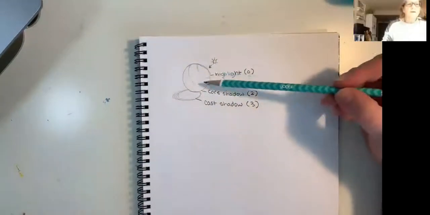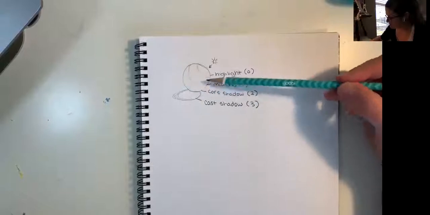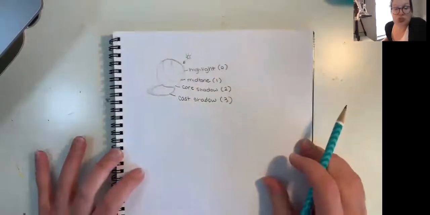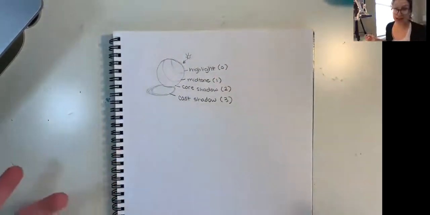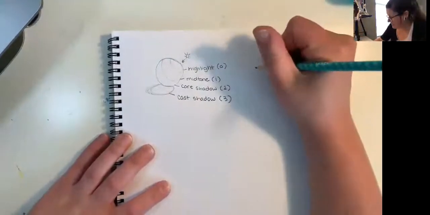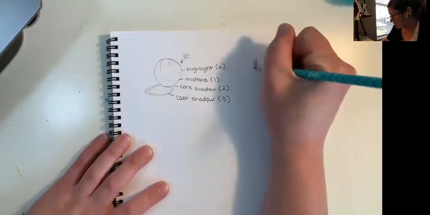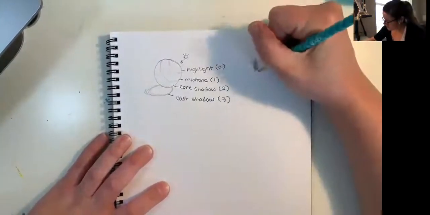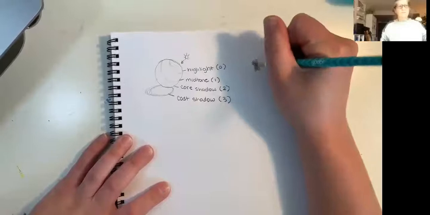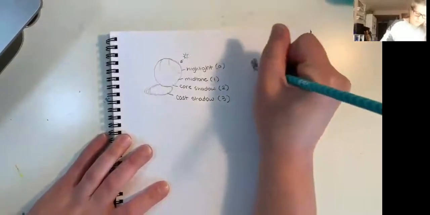So when you're starting to shade something like this, we're going to do something called cross-hatching. Cross-hatching is where you shade in one direction, a second direction, a third direction, a fourth, and then a fifth.